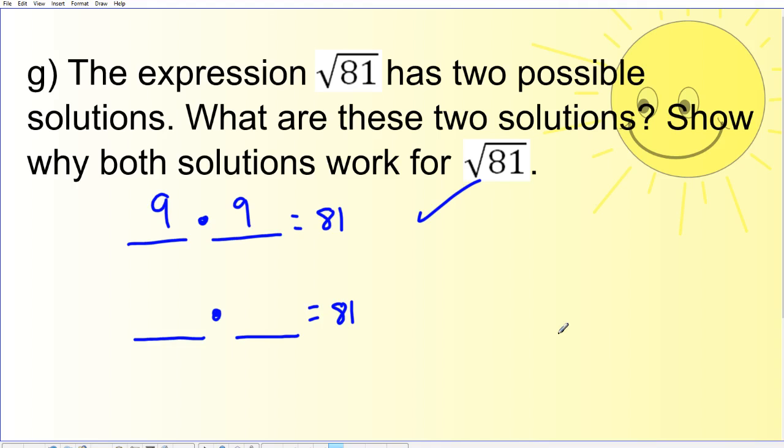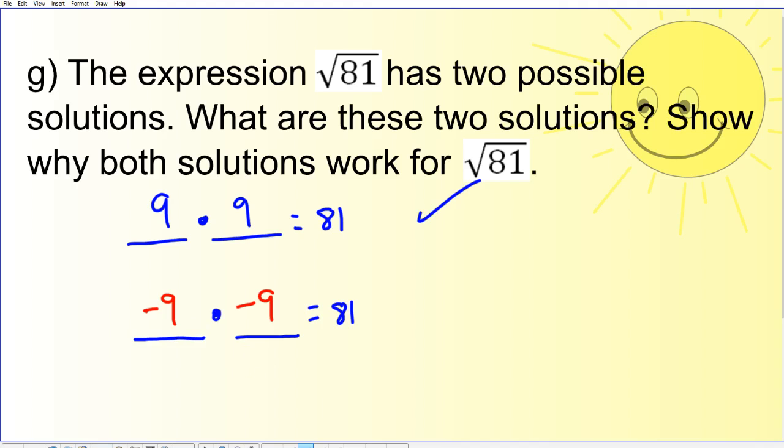And you can't use something like 27 times by 3, although that does equal 81. It's not the same number times by itself. So what else is there? Well, there is negative 9 times by negative 9. These two numbers multiplied by themselves give you a positive answer.